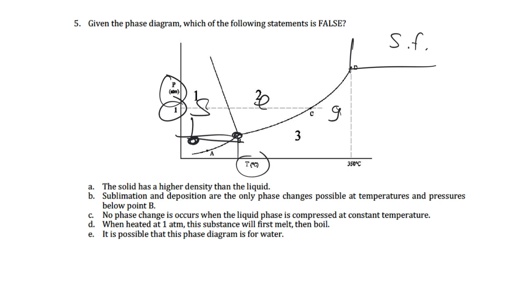The other thing to take note of is the directionality of this curve here. This is the melting point curve. It is telling you that if you pressurize a solid, so pressurizing is going up, I'm going to turn it into a liquid. And that's abnormal. Most of the time if you pressurize a liquid, you can turn it into a solid, because pressing the atoms closer together turns it into a solid.